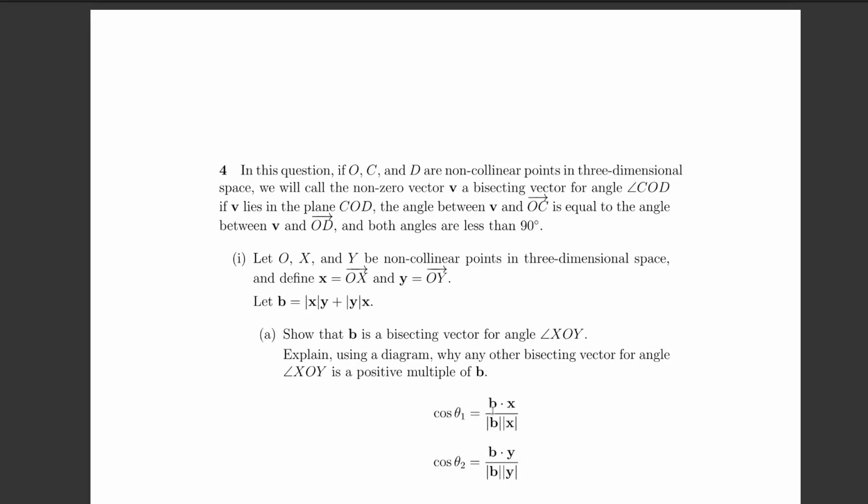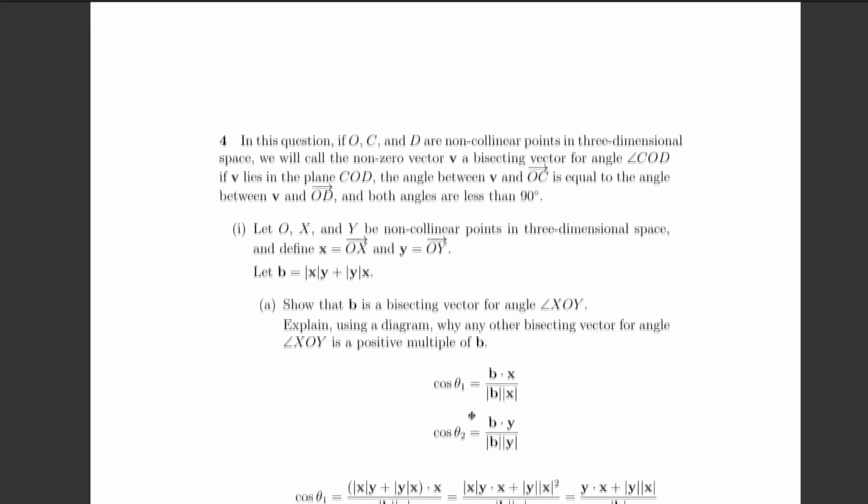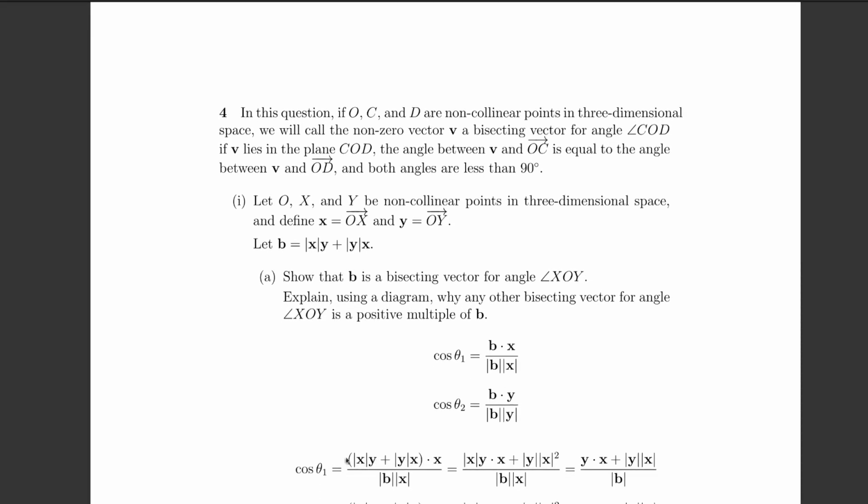So let's first try and simplify cos theta 1. After we substitute b, it is equal to this. And if you know the properties of the dot product, which you probably should if you're picking a vectors question in STEP, you can basically distribute out the x.